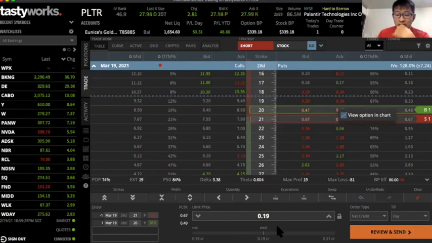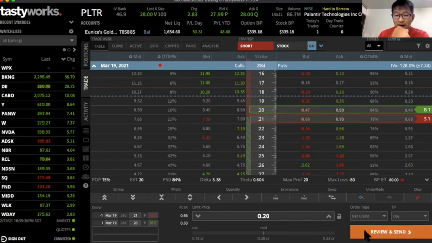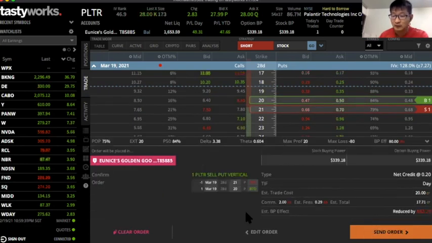So we get the premium to collect here, about 20 cents. What is the ROI we collect over here? It's 20 divided by 80. So the ROI for 28 days is about 25%, which is not bad.